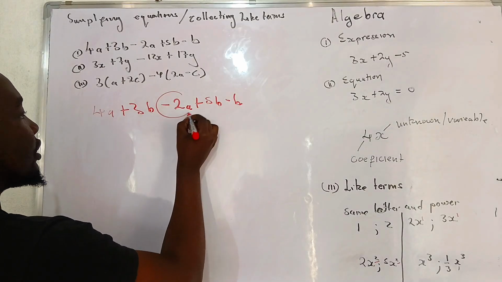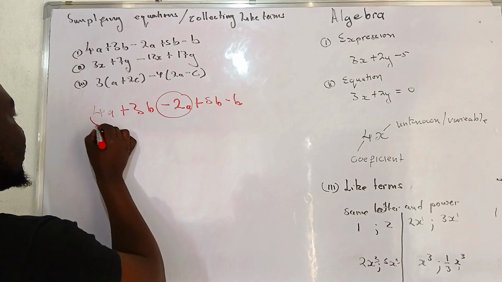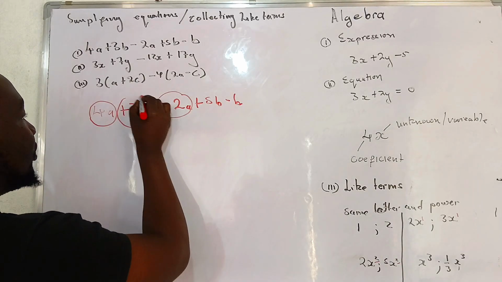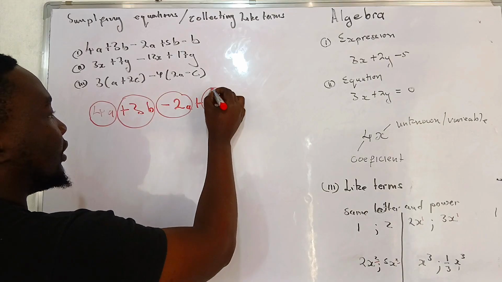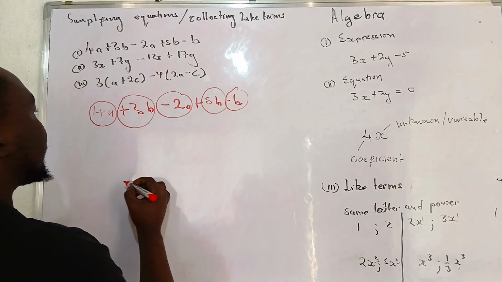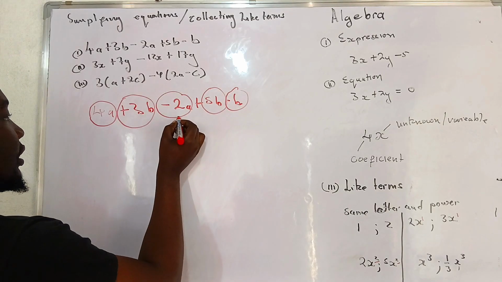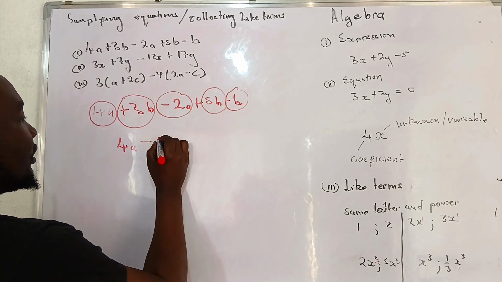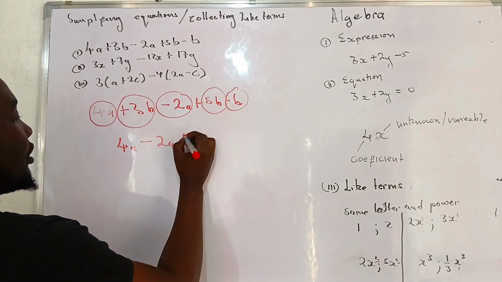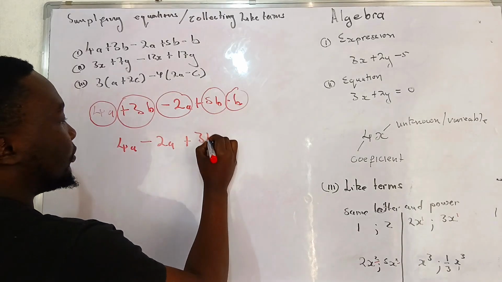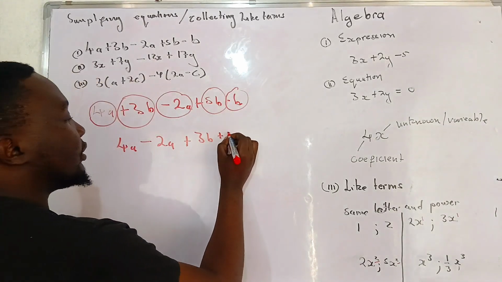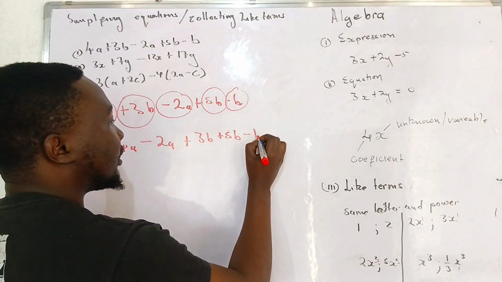So here is 2a and here is 4a. Here is b, and another b. So we take 4a minus 2a plus 3b plus 5b minus b.